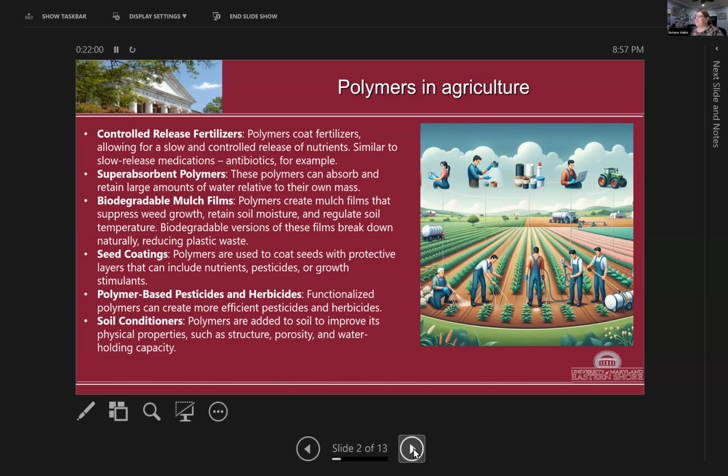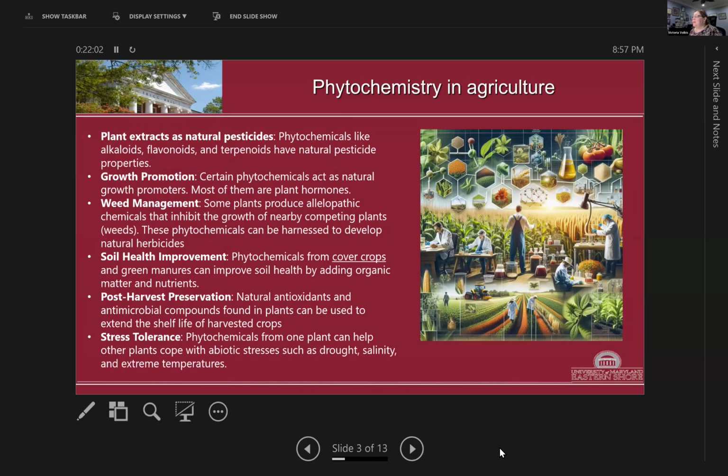And it is phytochemistry in agriculture. It's much easier to correlate agriculture and phytochemistry, because phytochemistry is the chemistry of compounds derived from plants, and agriculture is a field that is responsible, among others, for growing those plants. So, how does phytochemistry help agriculture? First things first, it deals with creating plant extracts.